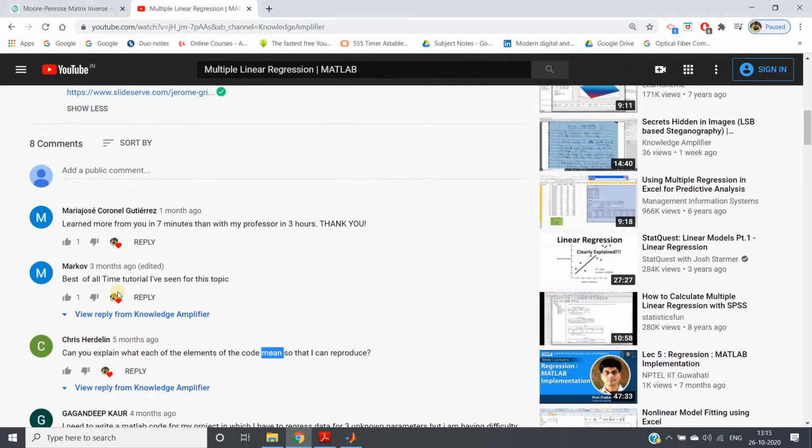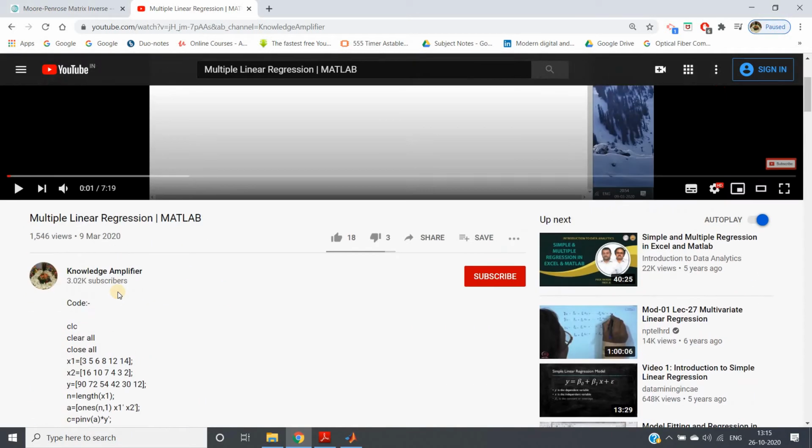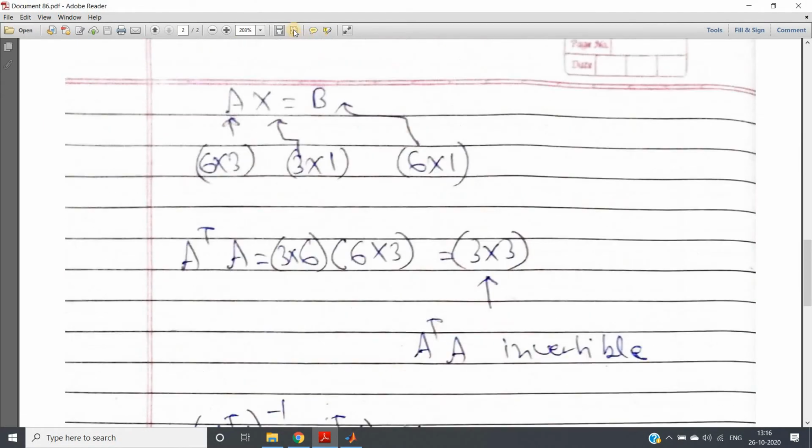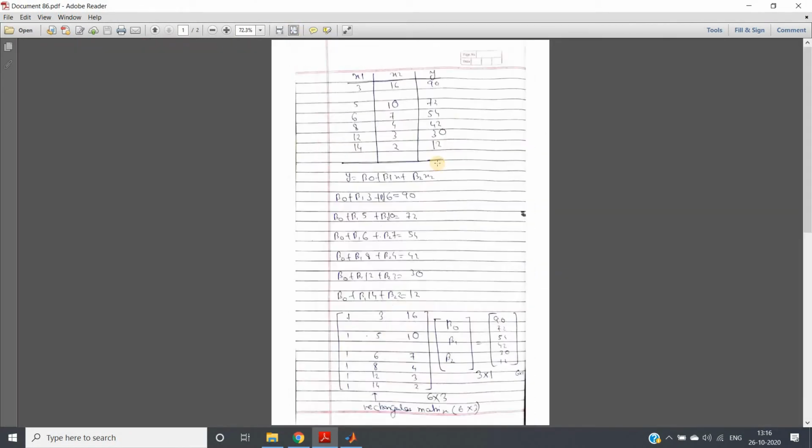To make this particular part clear, I am making this video where we will understand what pinv is from scratch. Then we will code the same without using pinv and verify whether we are getting the same result or not. So let me go to the document which I have created.